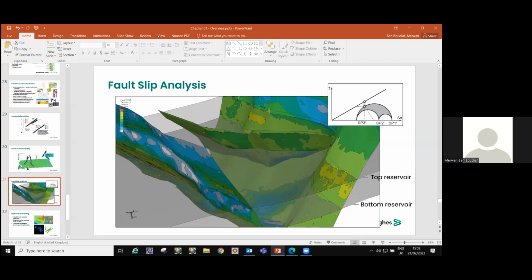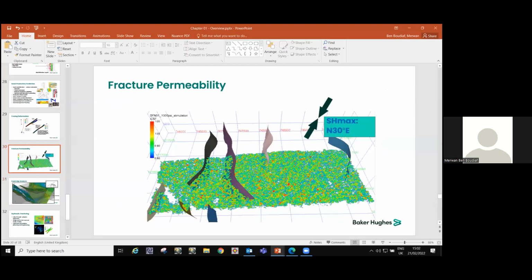For CO2 storage, we have done several projects, mainly related to the caprock integrity. This is usually for the CCUS. This is the main concern of all the clients: is my caprock able to sustain this pressure? So this will be the main application of geomechanics.